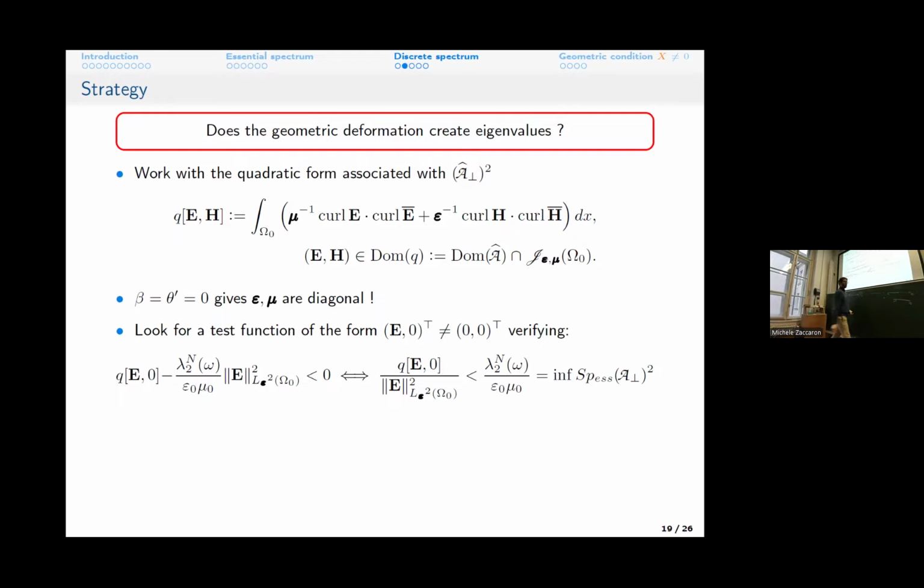So if we don't work in the reduced operator, zero will still belong to the essential spectrum of the squared operator. And this is a problem because then the bottom of the essential spectrum would still be zero. So we cannot hope to find an energy below it. The hope is to find an energy below.